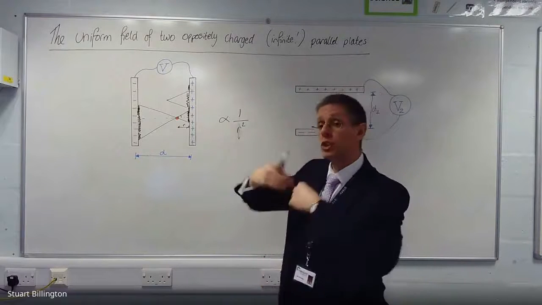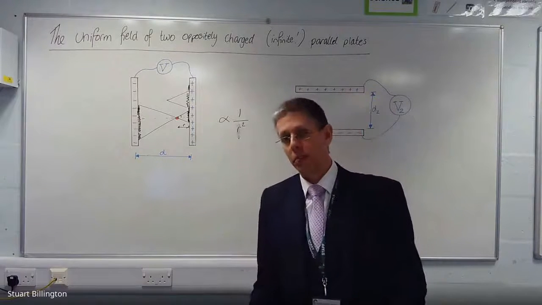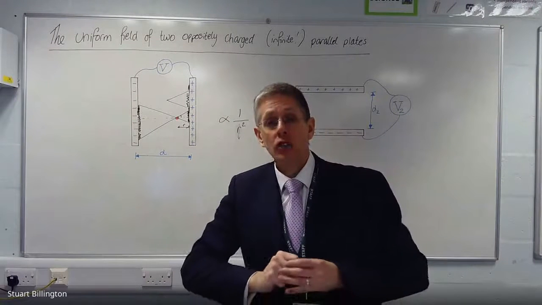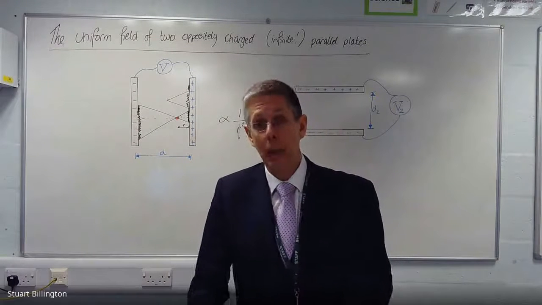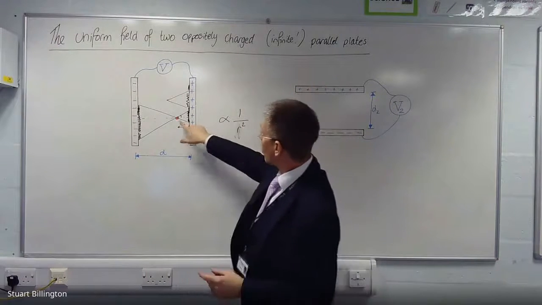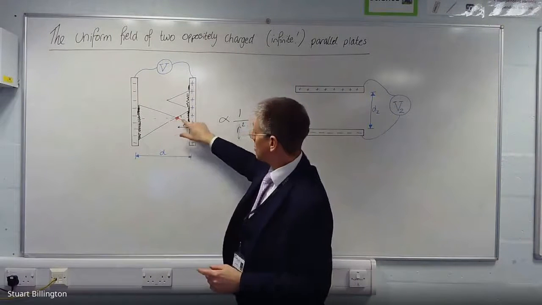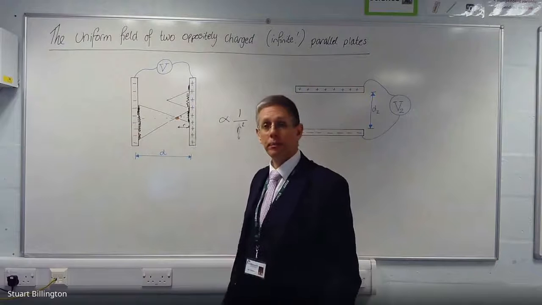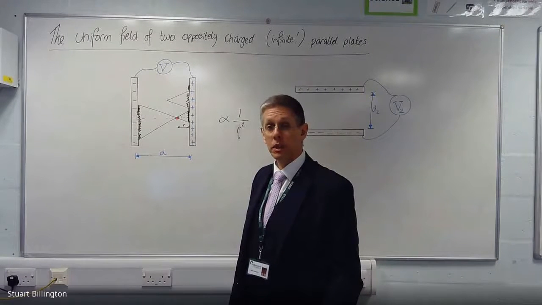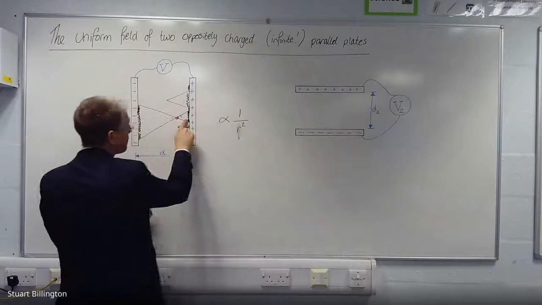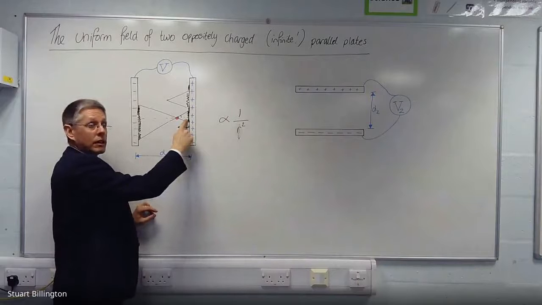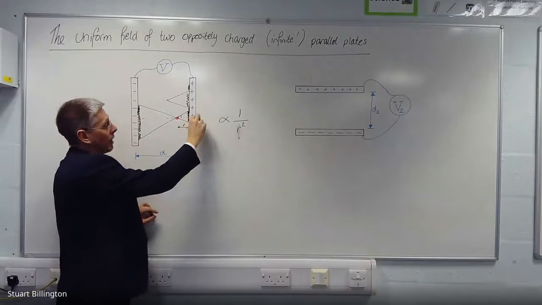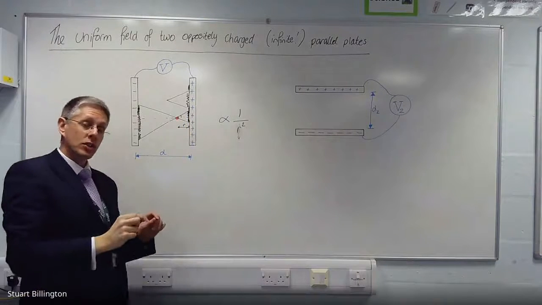Now really, I'm just waving my hands at this point to try to get you to accept that the force will be the same all the way across this distance between the plates. If you're very, very close to the positive plate, you get a very small amount of charge doing the attracting.